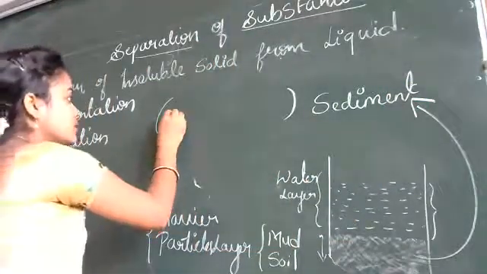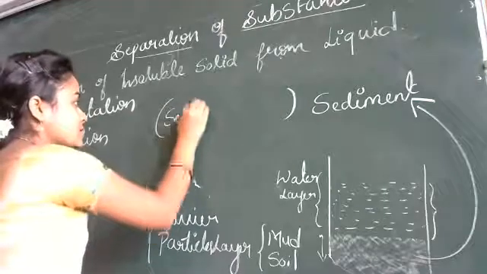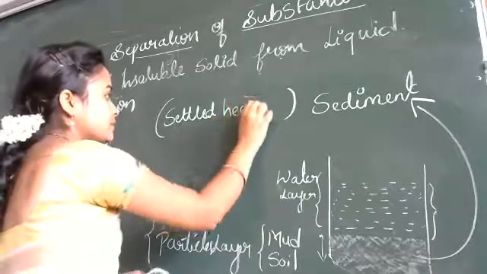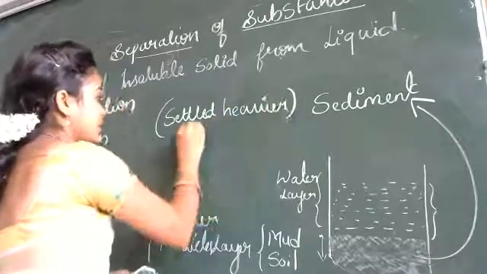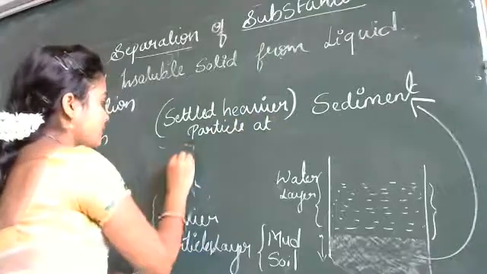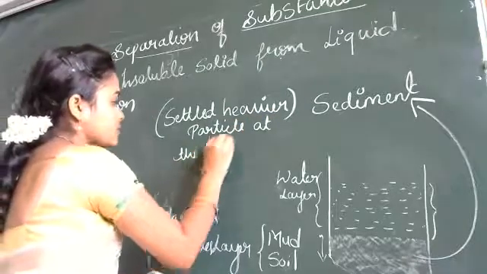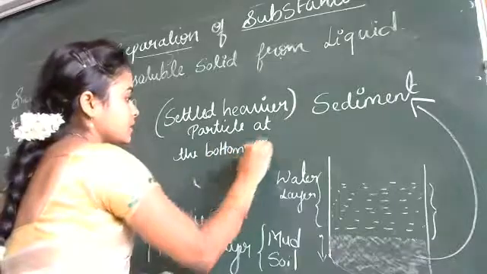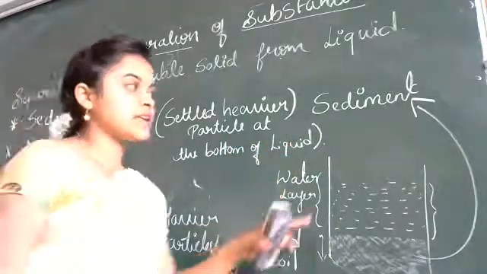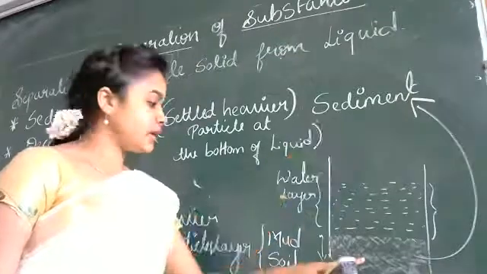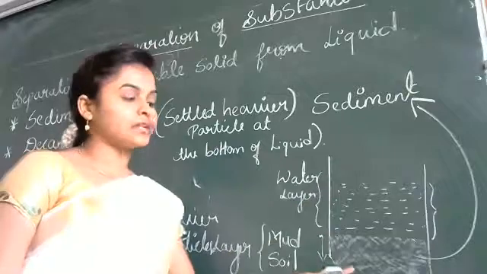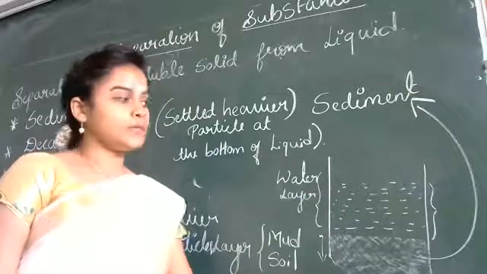Sediment is the settled heavier particle at the bottom of the liquid. So what is the sediment here? Sediment is nothing but the mud or soil which is settled down at the bottom of this water.